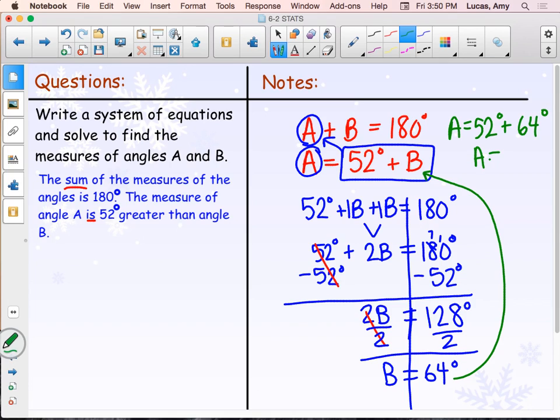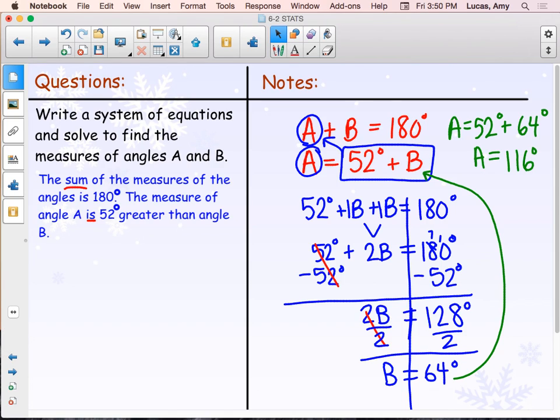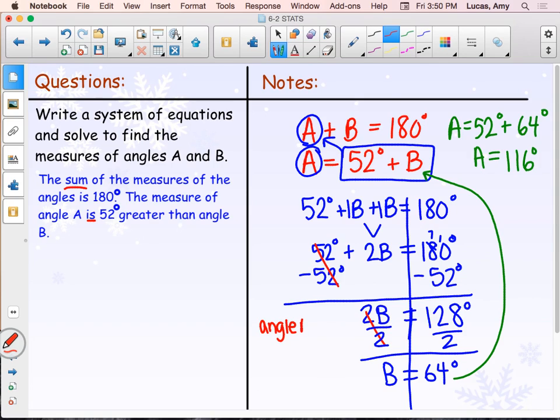So A equals 116 degrees. So my answer would be angle A is 116 degrees and angle B is 64 degrees.